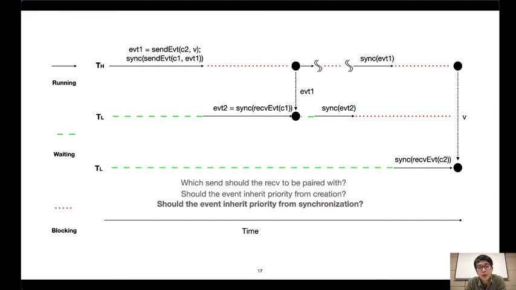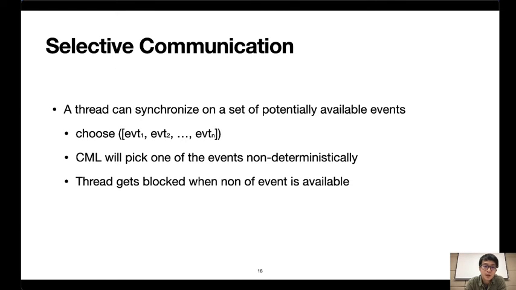So these are the options and questions we need to tackle when we consider the priority in the message passing. And things get more complicated when we consider a selective communication. A selective communication is a primitive that a message passing model can provide. A thread can synchronize on a set of potentially available events.